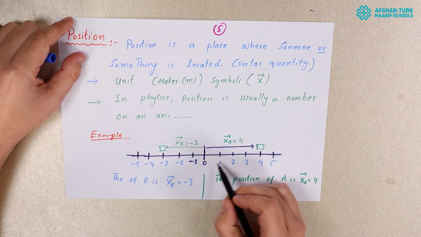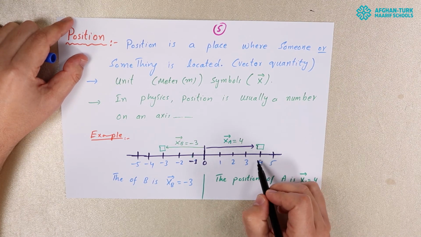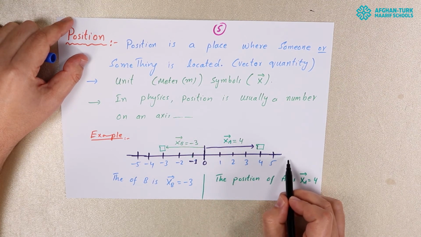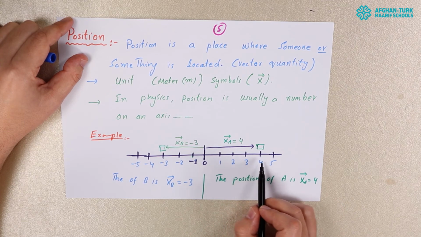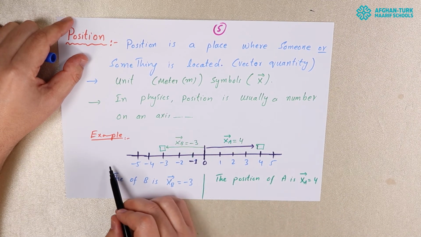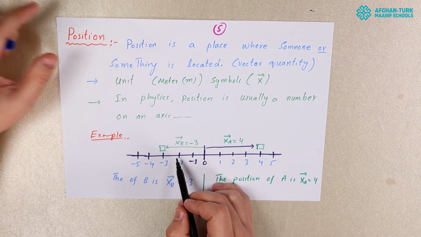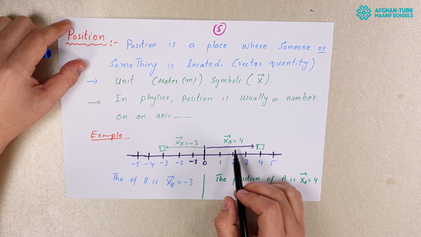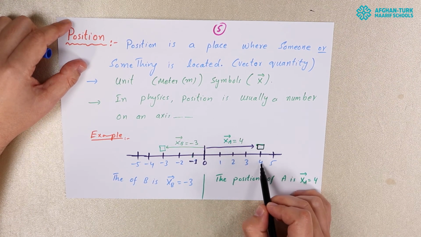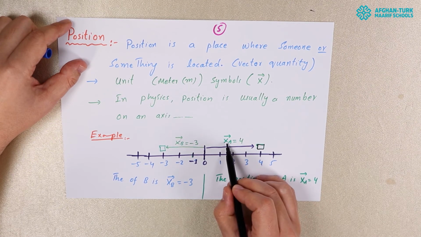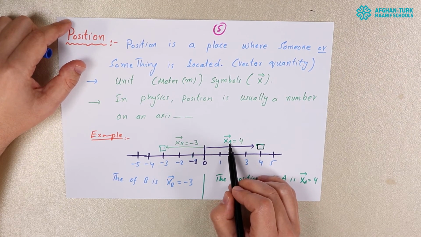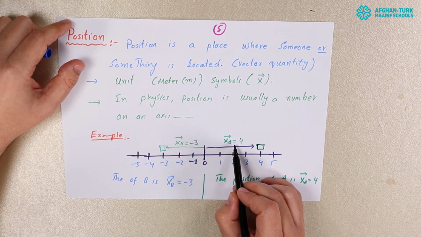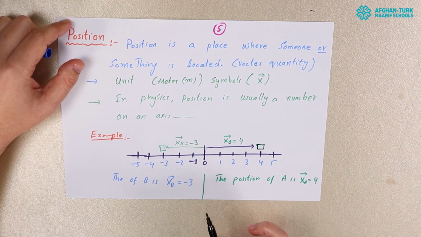Let's see the example here. This side is positive, we usually denote it on this side. If the object moves toward the left side, we denote it with a negative number. So the object is on 4, and we give this object the name A. So the position of A is 4.